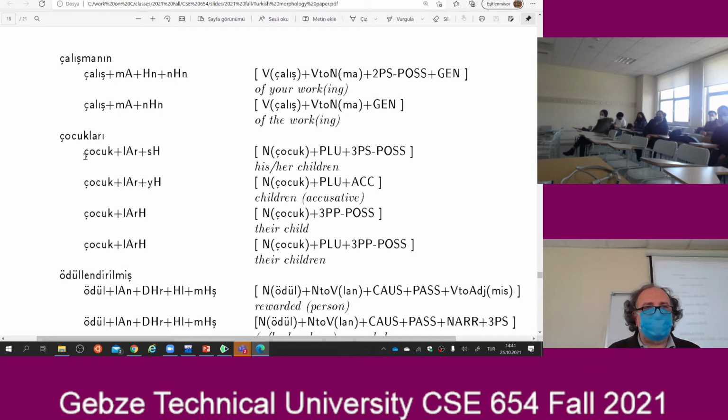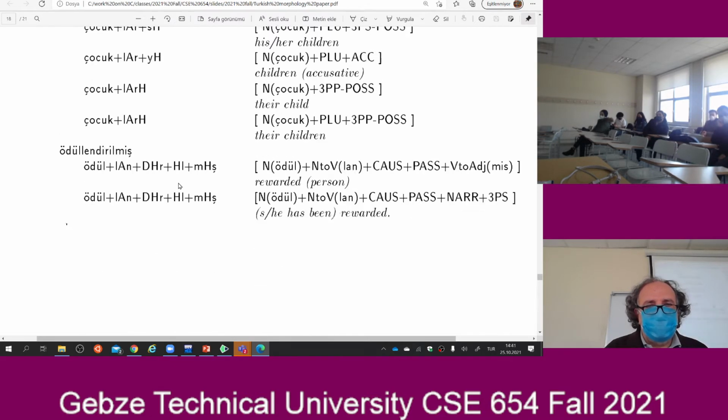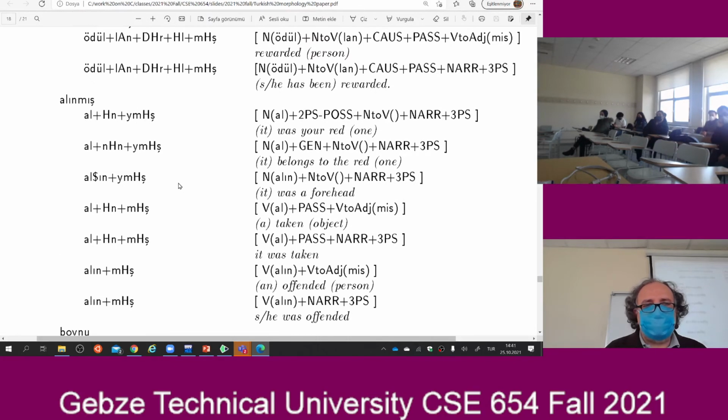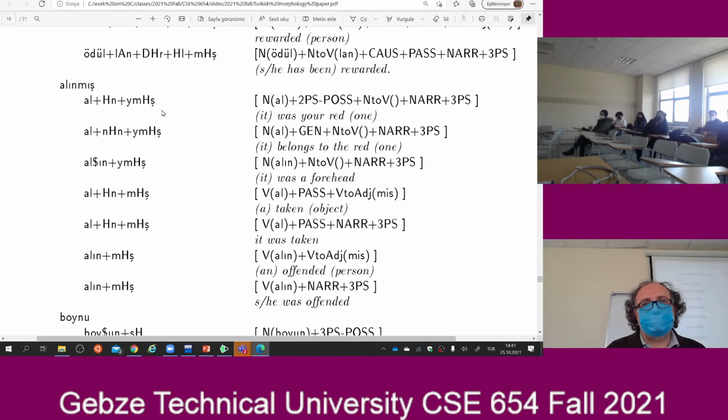So these are 4 different parses of the same word, çocukları. There are even more. For example, this one is interesting, alınmış. Usually one noun. The first two are noun al, or the adjective al, so it is kırmızı.